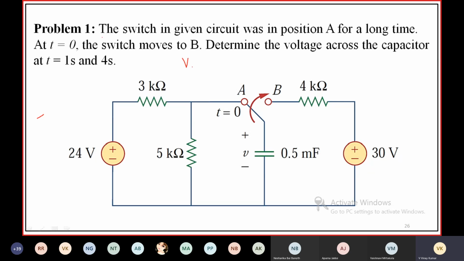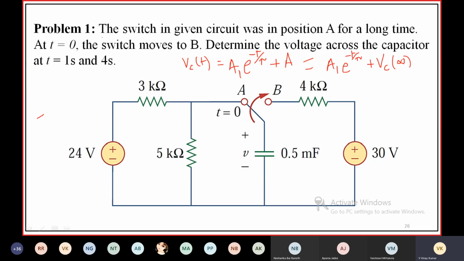Either you use this expression, Vc of t is equal to A1 e power minus t by tau plus A, which is equal to A1 e power minus t by tau plus Vc of infinity.